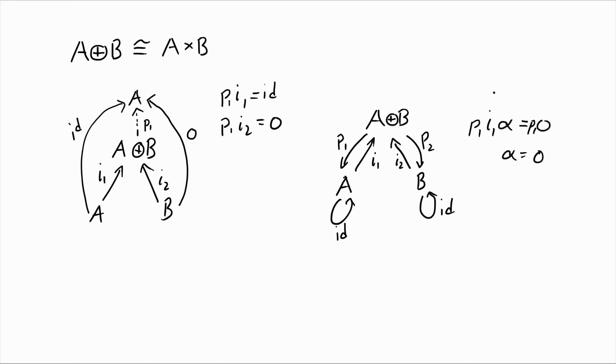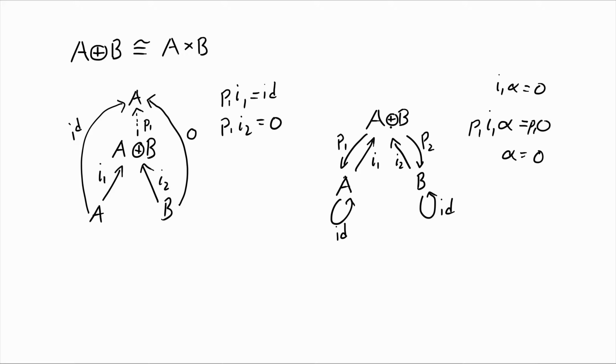That means, if this equaling 0 implies that alpha is 0, that's the same thing as saying that I1 is a monic. So I1 is a monic, I2 is a monic, but you also have these P1 and P2, and with a similar argument you can show that those are epis. So we have an epi, a monic, this is identity, kind of a nice set of maps, and that came directly from the universal property of the direct sum itself.